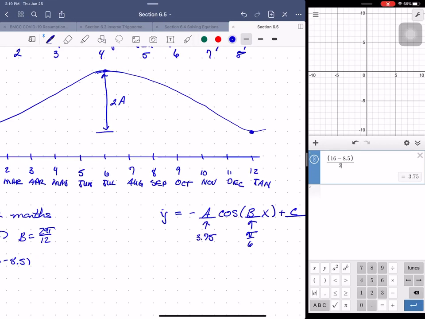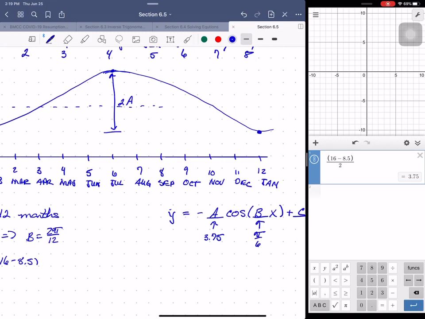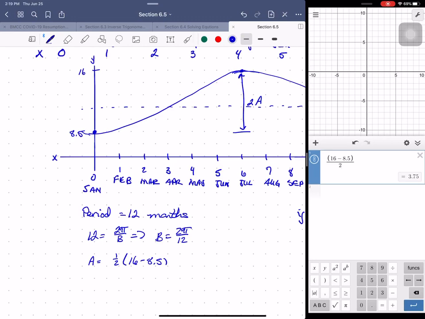Now we need to find our midline. Well, our midline is simply the average in between, or we can add 3.75 to our minimum. So my midline is going to be 8.5 plus my amplitude, which is 3.75, which is 12.25.